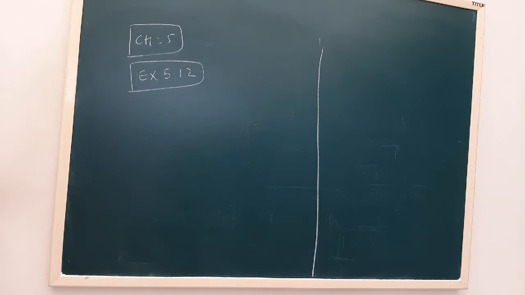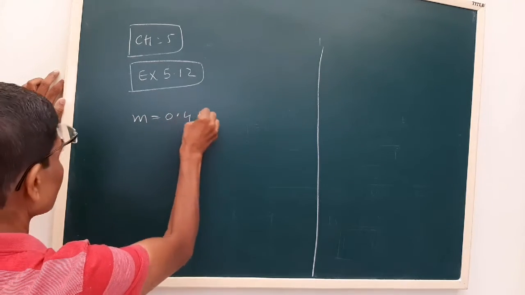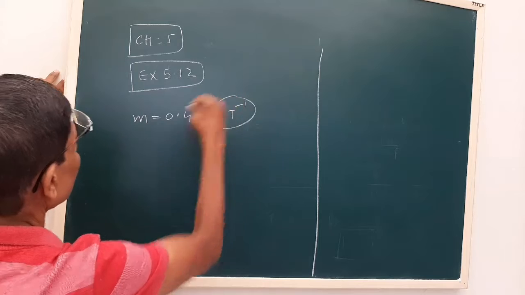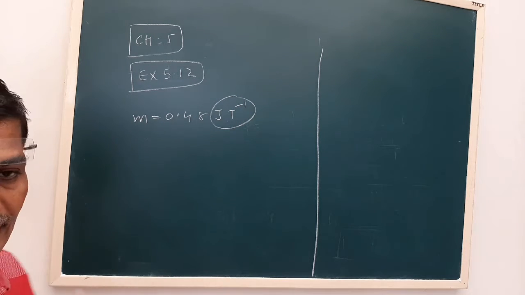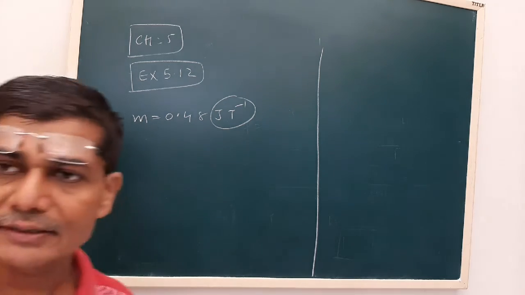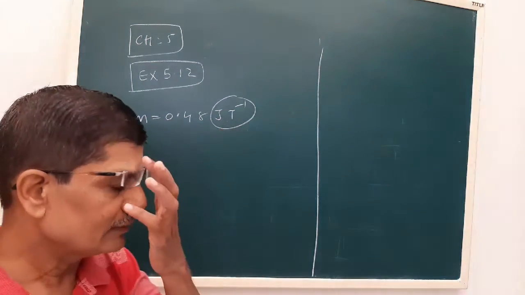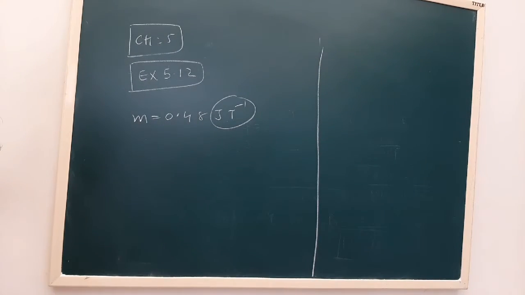Now see, a short bar magnet has a magnetic moment given here in Joule per Tesla, or Joule Tesla inverse. If you solve this, the magnetic moment unit is ampere meter square. You can try yourself, and I am sure you will get the same result. But right now it is given in Joule per Tesla.